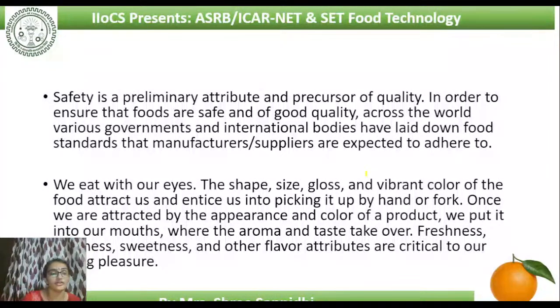As I told you just now, safety is a preliminary attribute and precursor of quality. In order to ensure that foods are safe and of good quality across the world, various governments and international bodies have laid down food standards that manufacturers or suppliers are expected to adhere to.